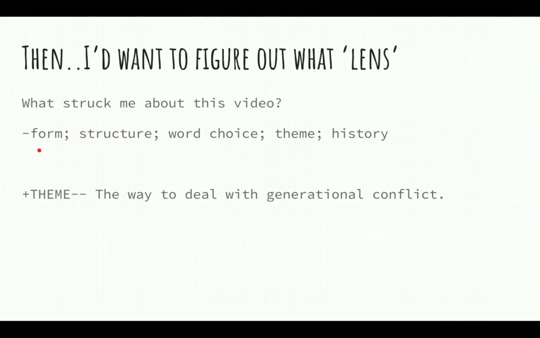And so another way to think about this is, were you interested in the form of the video? Form can mean the coloring, the music, the sound effects, the fact that it was a silent film, for example. There wasn't any dialogue really, except towards the end. Did the structure of the video or the text interest you?